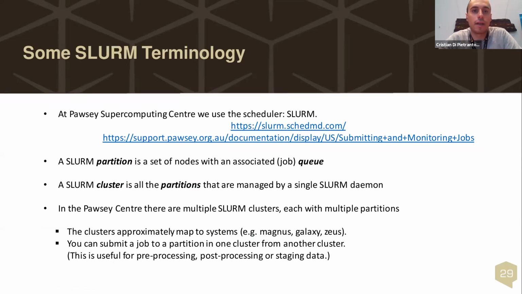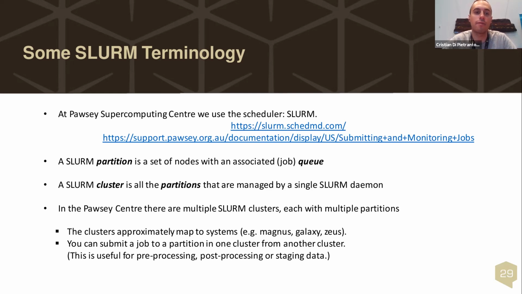I'm going to introduce now some terminology that is used throughout our documentation. It's common terminology across supercomputing centers. As I said, a partition is a set of nodes with an associated job queue. Each partition has some characteristics.